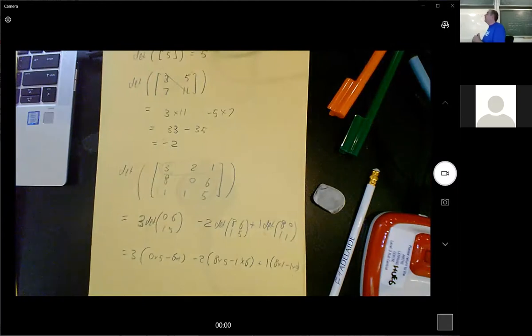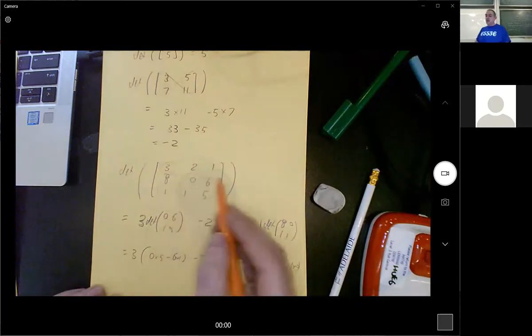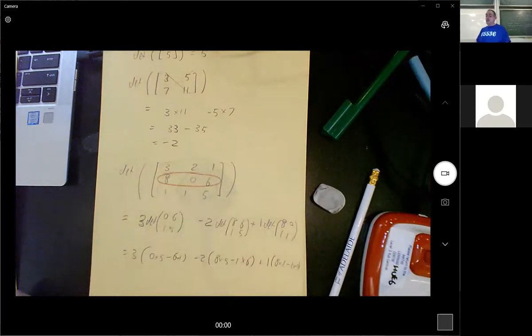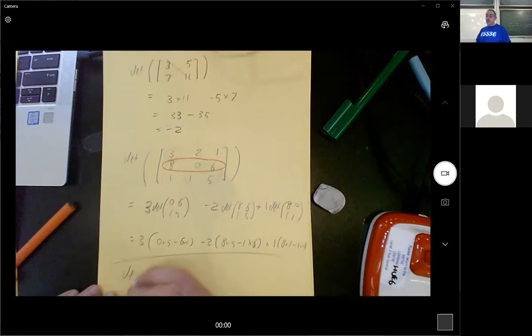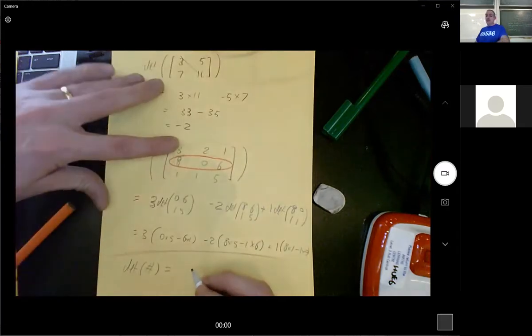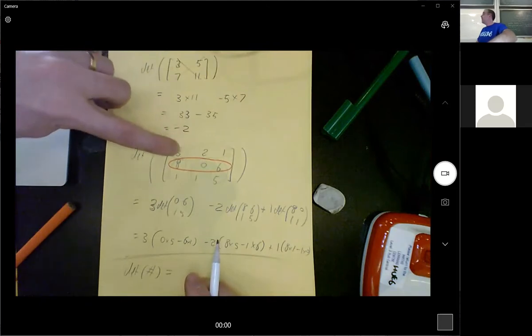And you are actually allowed to use any row or column to start with. You just have to keep track of whether it starts at plus or starts at minus. So I could also have used this row instead. As an alternative, I could have said the determinant of this matrix is, let me just track this here, the top left corner is a plus.